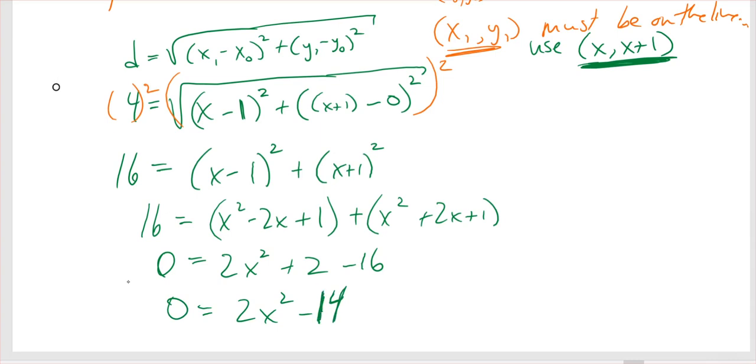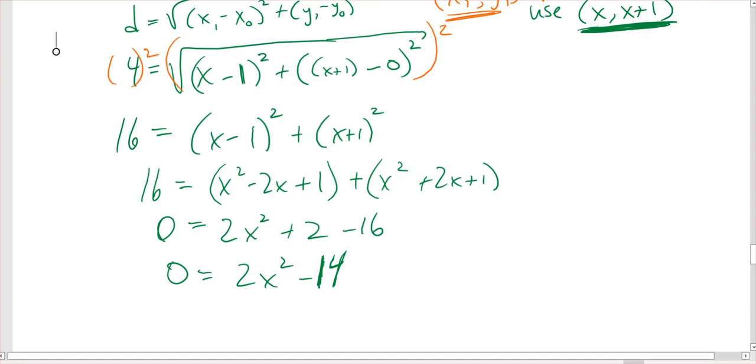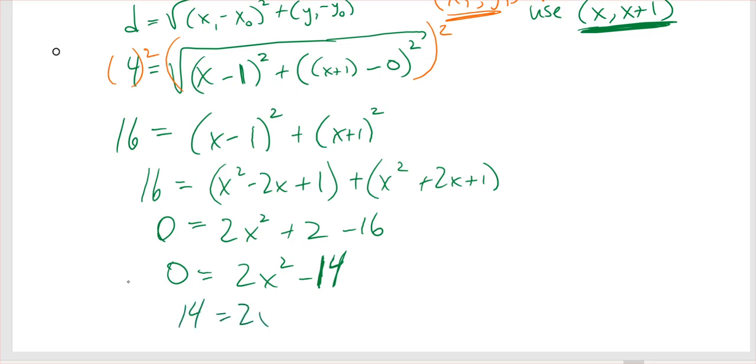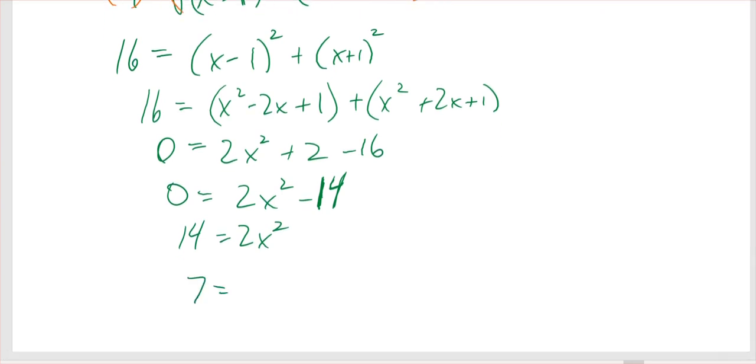At this point, we can almost thank our lucky stars that we don't have to do the quadratic formula, because this one has a pretty simple form. If we can isolate that x squared, we're home free. So we can put this 14 back on the other side, and then divide by 2, and do our square root bit.